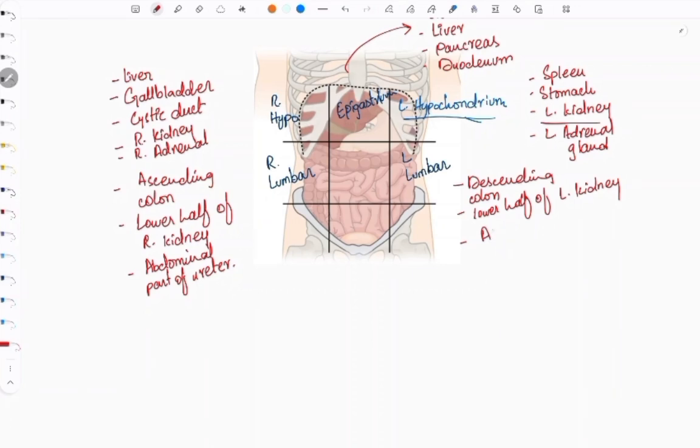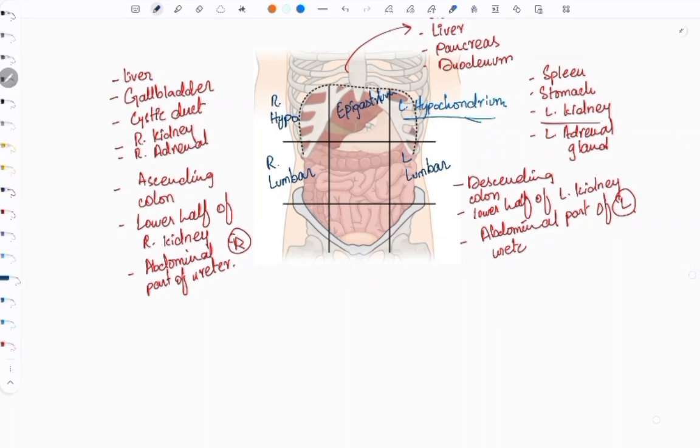The right ureter lies within the right lumbar, the abdominal portion, and the left ureter abdominal part lies within the left lumbar region.